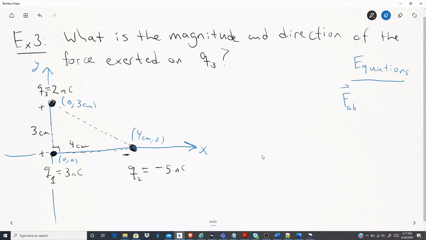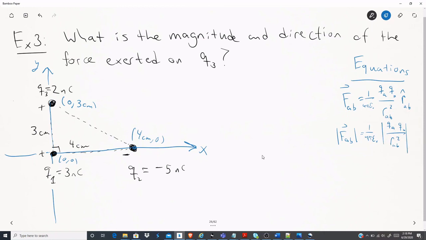And I know the electrostatic force that charge A exerts on charge B is going to be 1 over 4 pi epsilon 0, charge A, charge B, over the distance from A to B squared, times the unit vector that points from A towards B. Okay. The magnitude of this force is just 1 over 4 pi epsilon 0 times the absolute value of QA, QB over the distance from A to B squared.